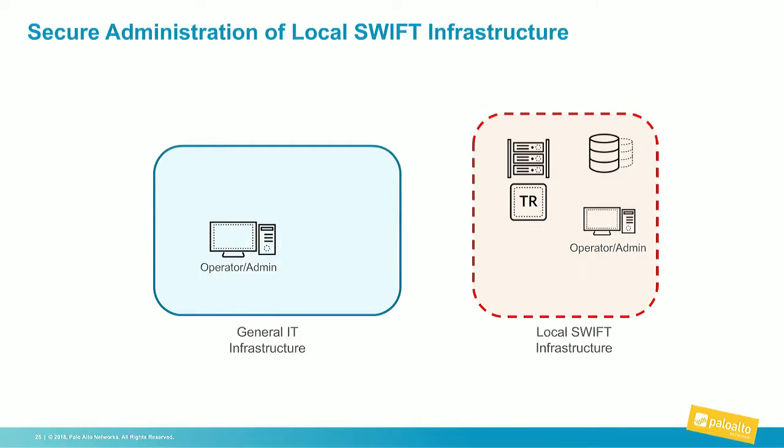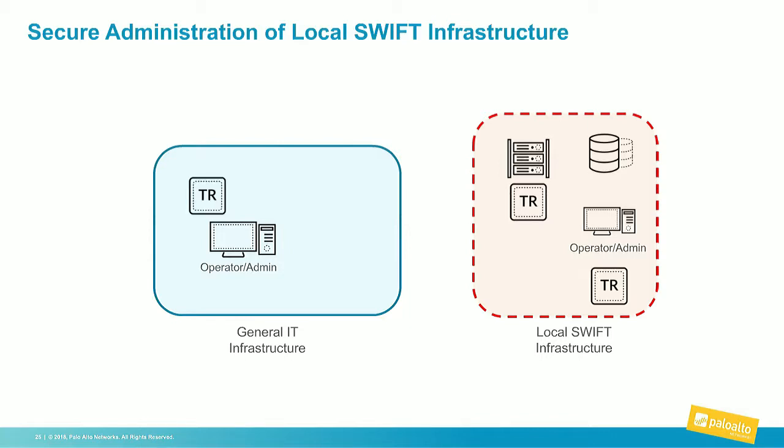Ideally, all the operator workstations would be within the separated and protected local SWIFT infrastructure that you see there on the right, shaded in light red. However, that may not be possible, right? You may certainly have some remote operators. Regardless of where the operators are, all the operator workstations should have advanced endpoint protection with Traps.